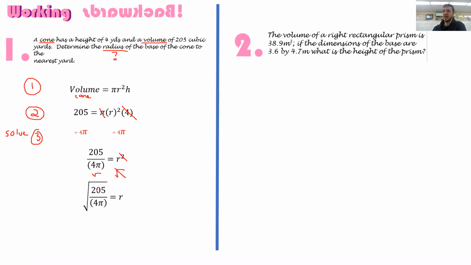And then you will just plug this in your calculator. Please put this in brackets. Let's see who can get the right answer. Russley, I know you can do it.